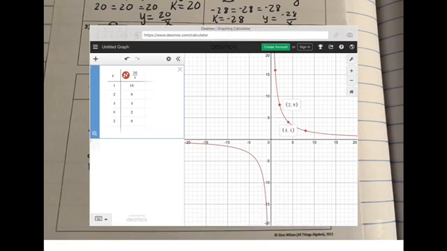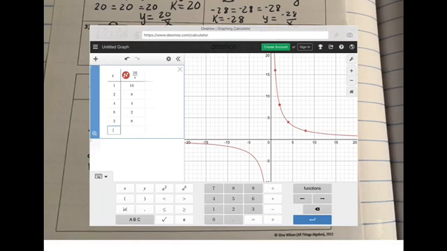You can click on each point to see where it's located. And we can also flip the numbers. And then we can start adding the negative times negative.